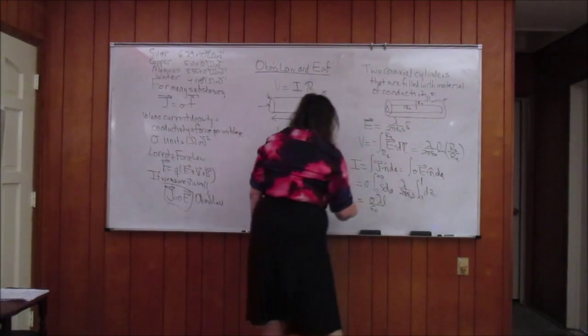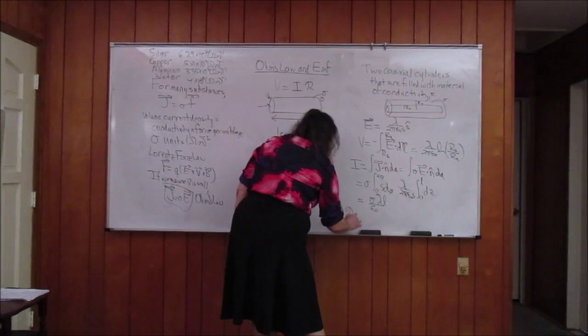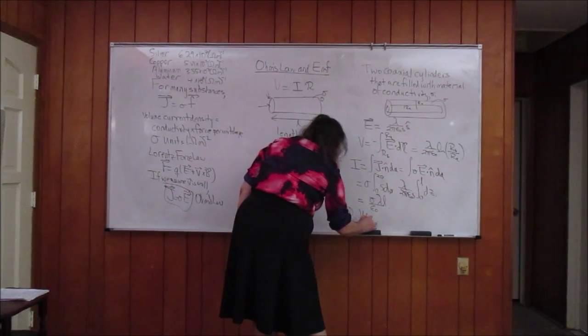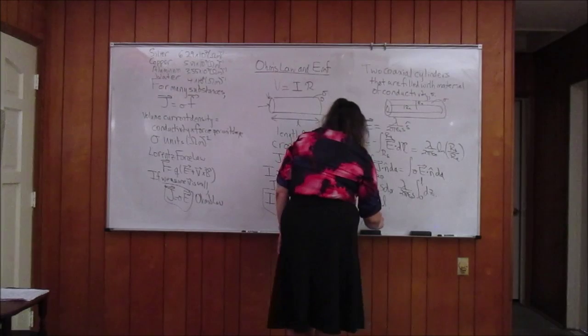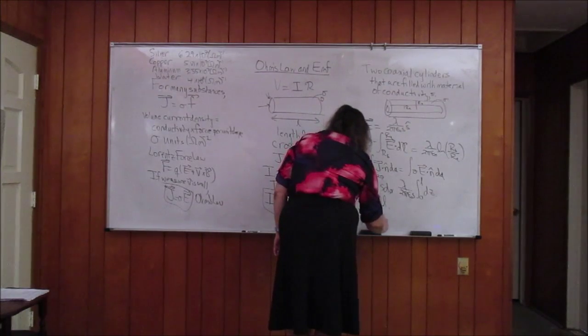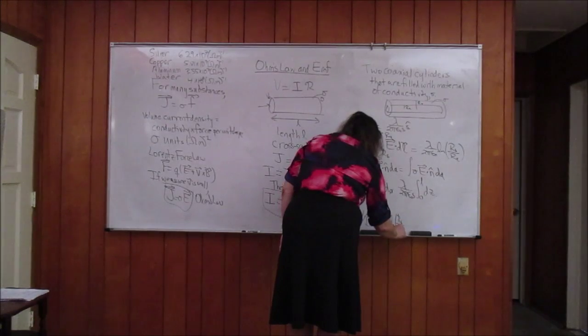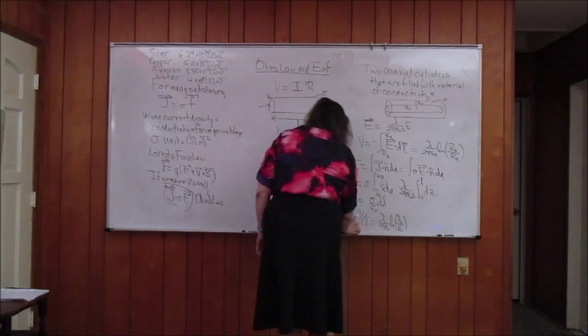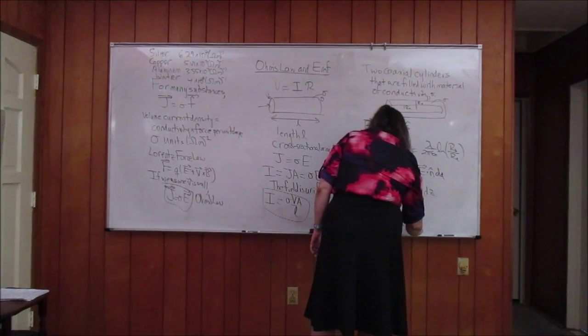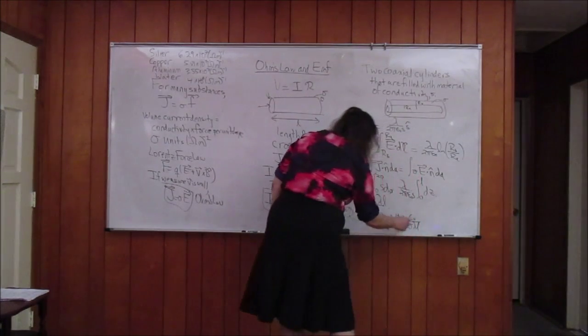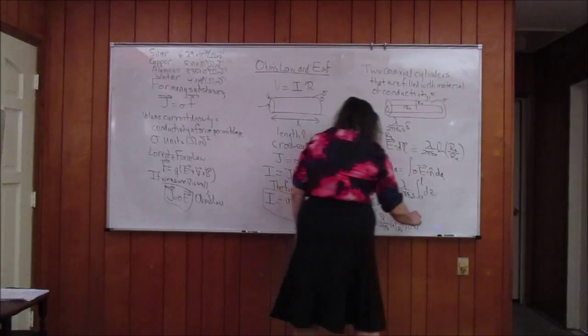To determine the resistance of the material between the two cylinders, we just apply Ohm's law, and therefore R is equal to V over I. Epsilon naught cancels, lambda cancels.